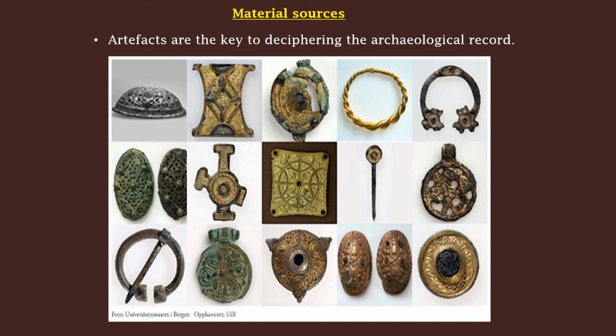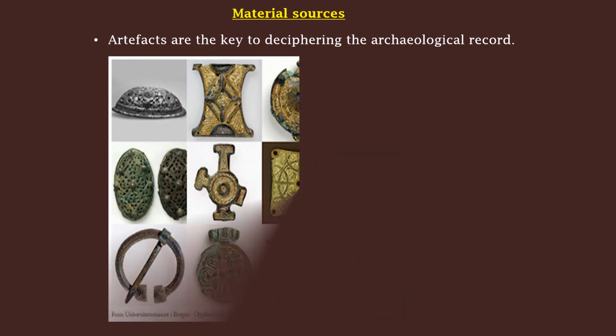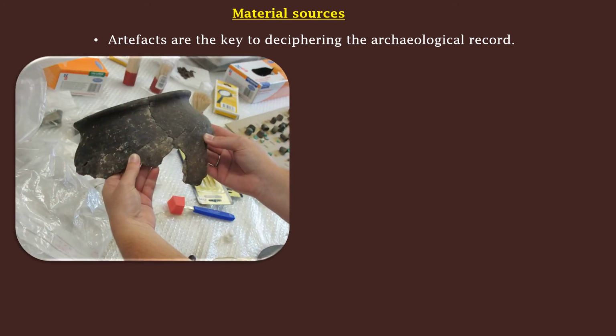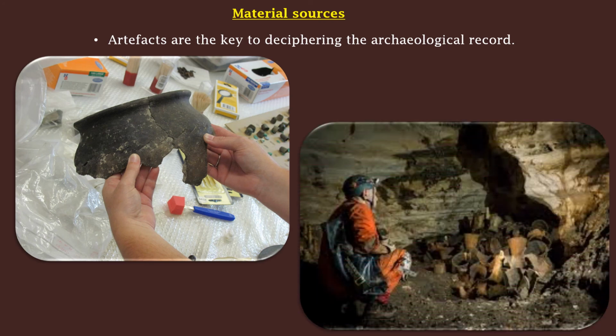Artifacts help archaeologists to compare aspects of past culture as well as form a chronology of those cultures. Recovered artifacts are placed in bags before being sent to the laboratory for analysis. Even in dry caves, some recovered materials may require special treatment if they are to be preserved.